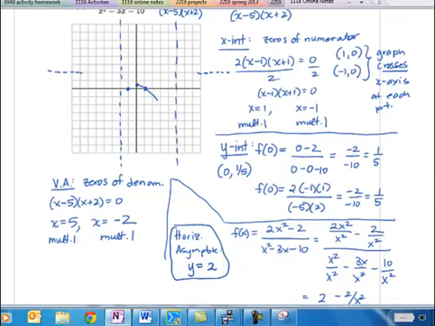And we also know as we approach this vertical asymptote at x equals 5, we have to either go up to infinity or down to negative infinity. We're forced to go down to negative infinity because there's not a place to cross the x-axis over here. We've marked all of our x-intercepts and there's not one here between 1 and 5. So this graph has to go down on this side.